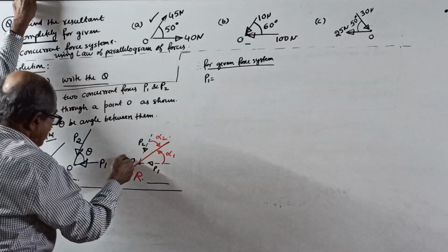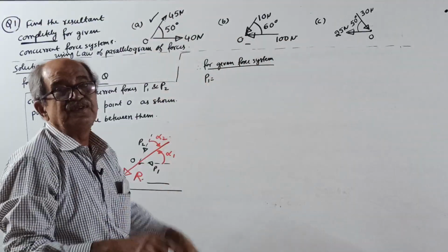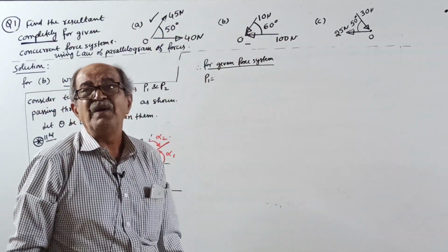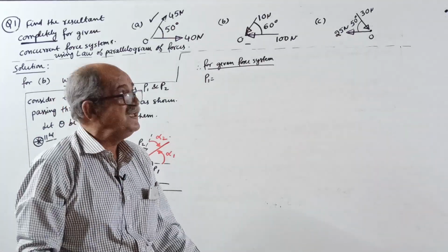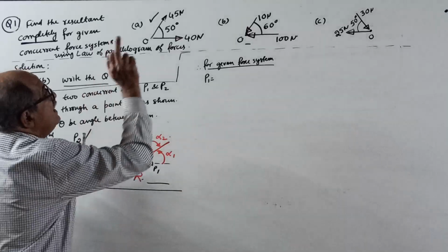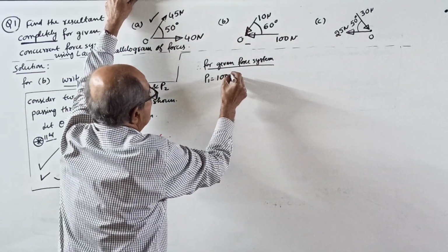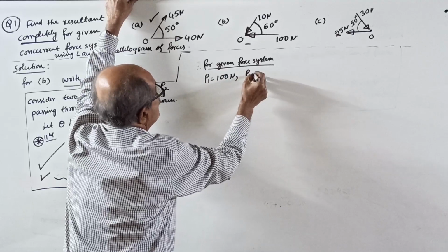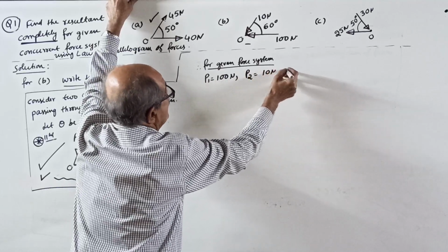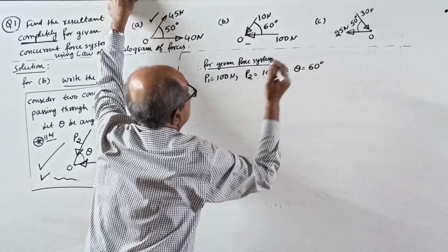No. We took P1 like this. P1 is that way, so no minus. Sign problems come so many times. You should think how we considered P1 here. It is the same way, so no minus: 100 Newton, comma, P2 equal to 10 Newton and theta equal to 60 degrees.